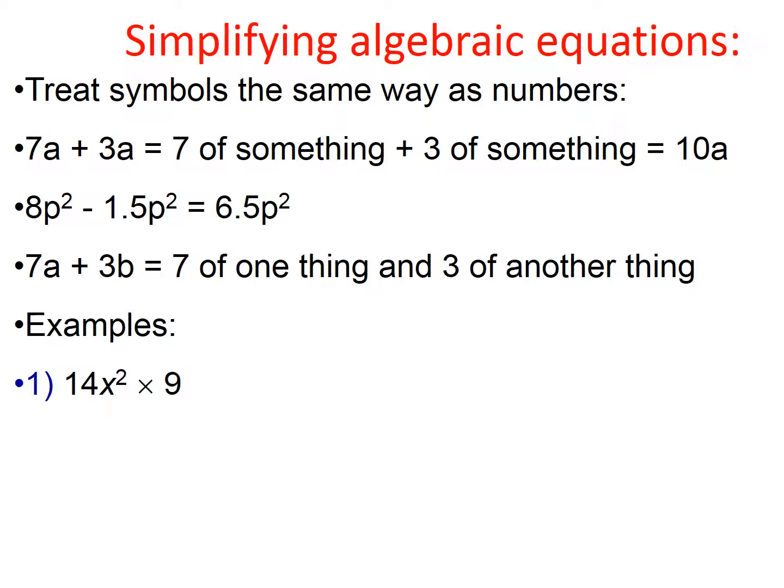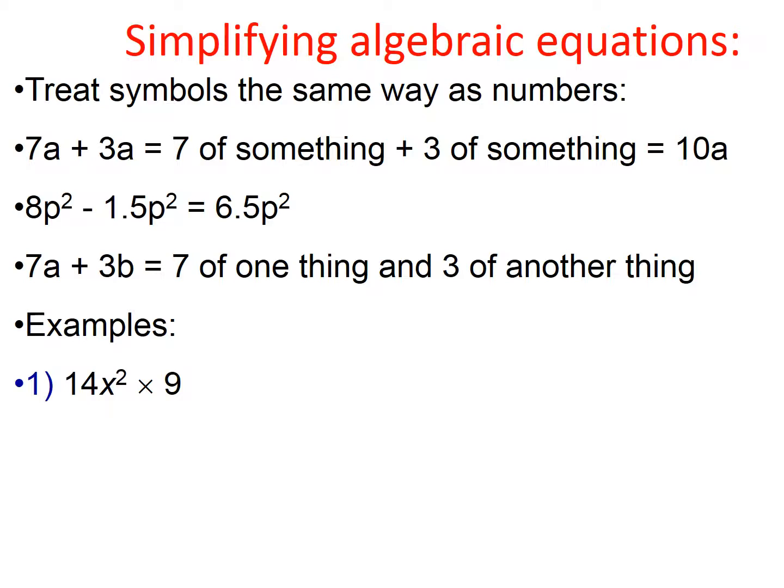You can only do this when the whole thing, this p squared, is the same between all the things you're adding together. In the case here, you've got 7a and 3b. You can't add those together to be 10ab, because you're not adding things that are the same.